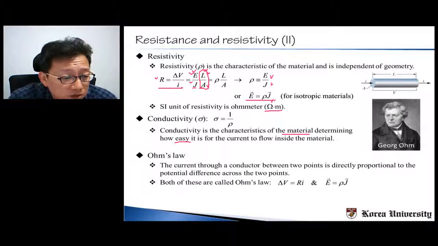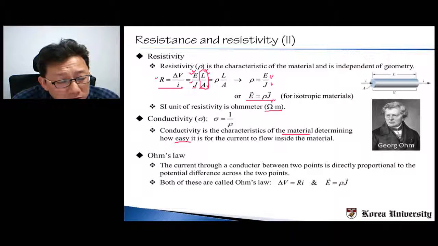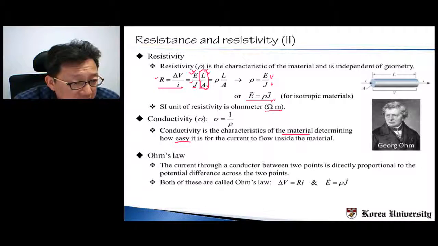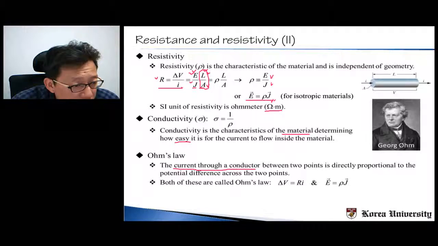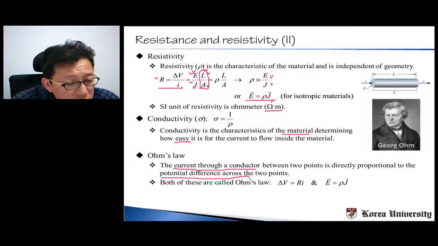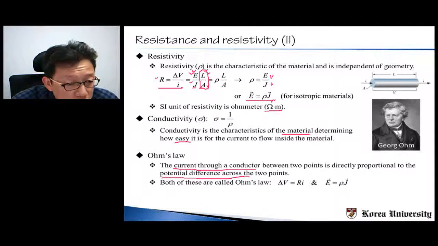And finally, we will summarize Ohm's law. Basically what Ohm's law tells you is that the current through a conductor between 2 points is directly proportional to the potential difference across the 2 points. That's what Ohm's law states. And mathematically, we can write it in two forms.